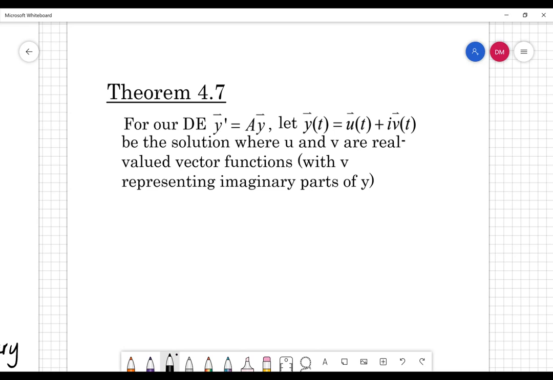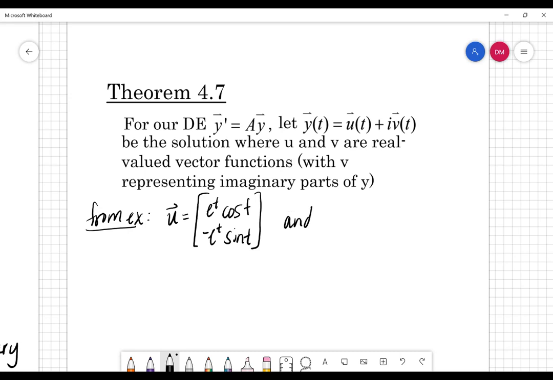Now, from our example, what that means is that u, what we found, is equal to e to the t cosine t, that was the one attached to the real parts, and negative e to the t sine t was the second element there.